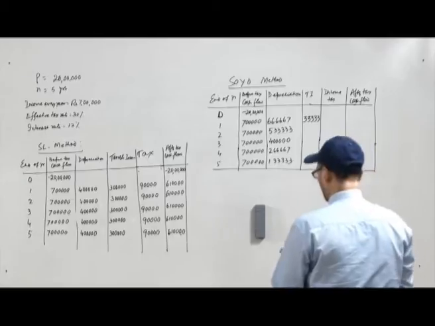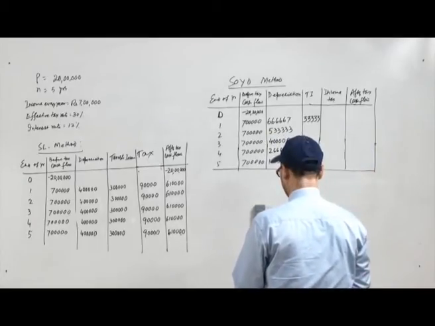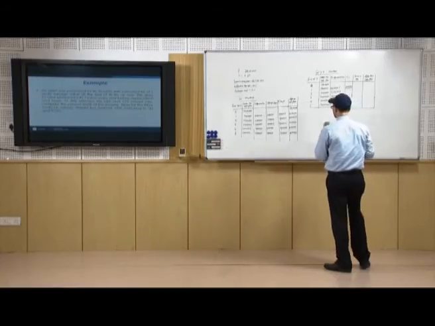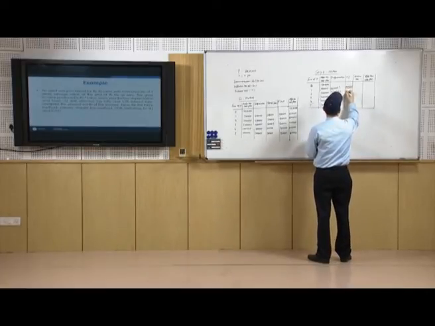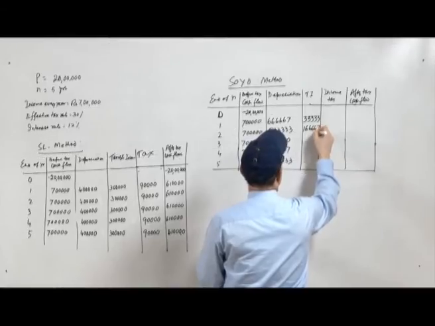In the second year, minus 5,33,333, it will be 1,66,667.